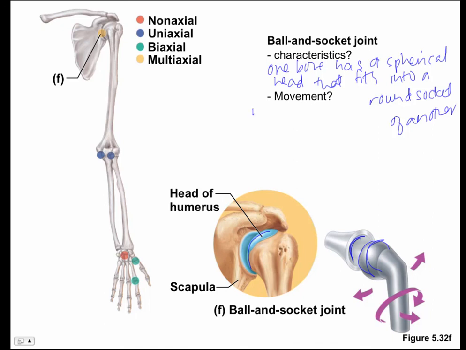The movement is in all axes, including rotation. And so we see this ball and socket in our arm or our shoulder. You also see this in our hip joint.